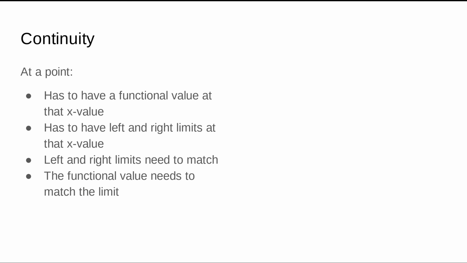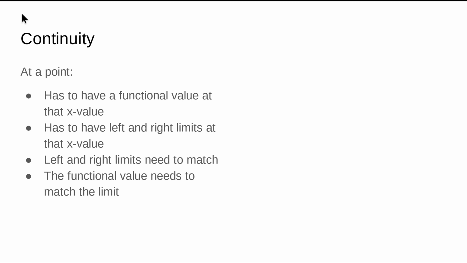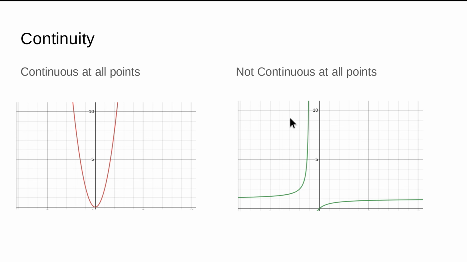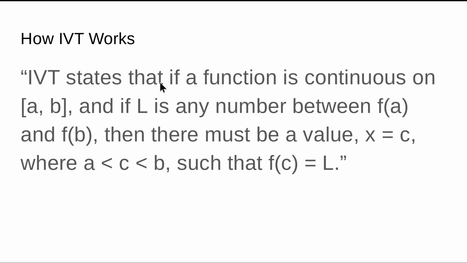Okay, so I hope you understand how intermediate value theorem works. First, you need to know what continuity is, where the left and right limits need to match the functional value, and both of those must exist for the point. Here are some examples of continuous and non-continuous. IVT only works when all points in the interval are continuous.